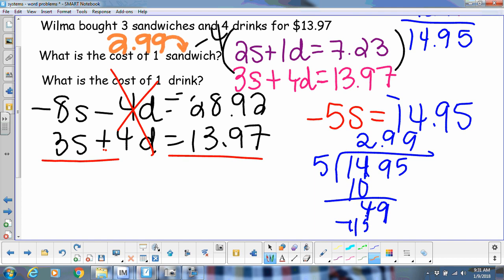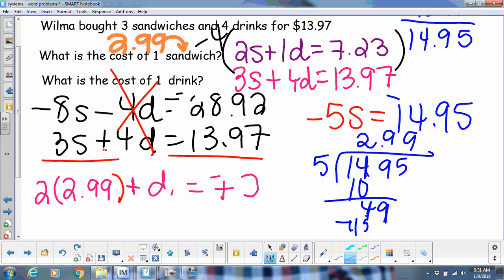Right? Now, look back at your original equation. Which one you want to plug it into? The top. Right? So 2 times $2.99 plus a drink equaled $7.23, right? Okay. What's $2.99 close to? $3. If you double $3, you get $6. You added an extra cent each time, right?